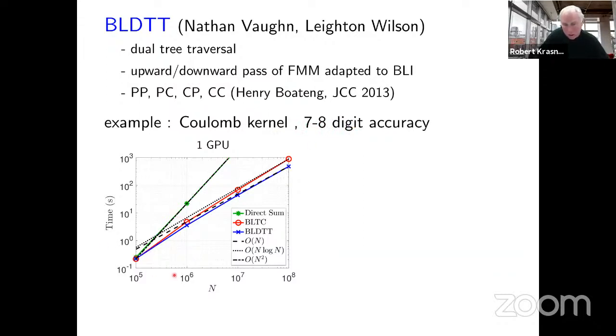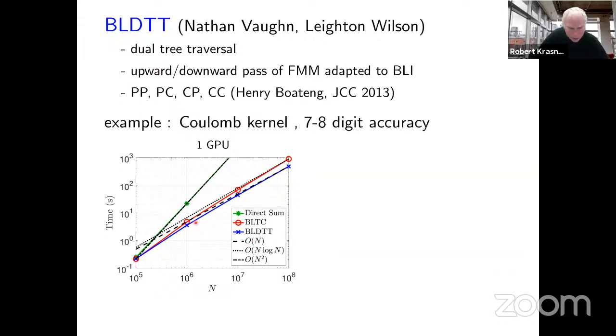This is log scales. So our BLTC, the tree code, those are the red markers. And this I should say, it's like a barycentric Lagrange using some fast multipole ideas. It's the blue over there. Now, the dotted line here, that's n log n, okay? And so the tree code is asymptotic to n log n.